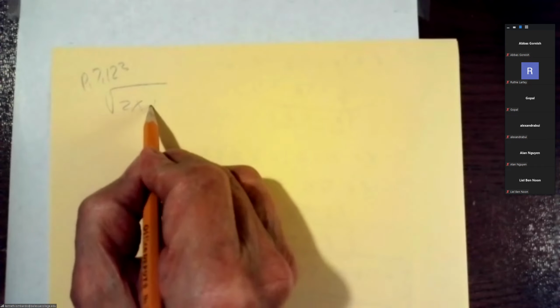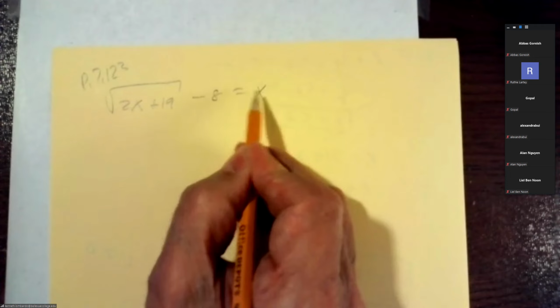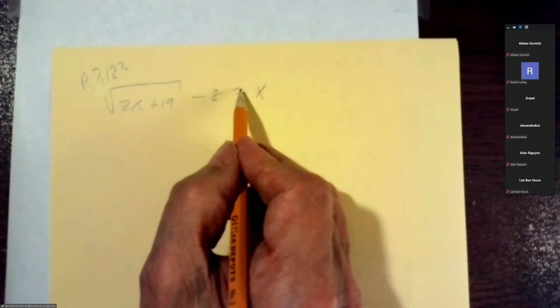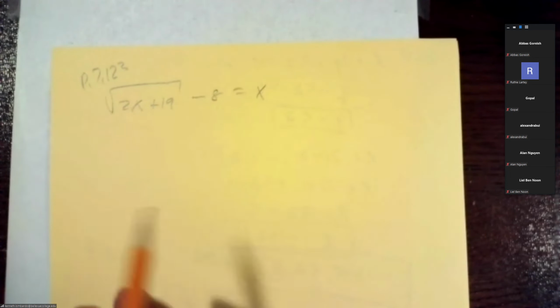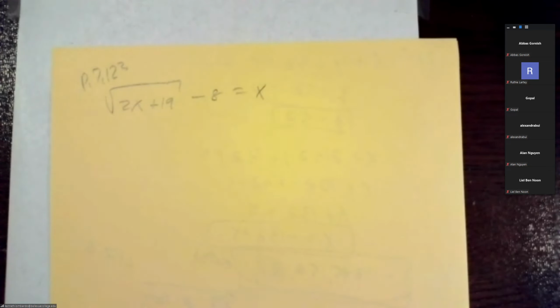The square root of 2x plus 19, minus 8, equals x. All right, what method could we use to solve that? Could we add 8 to the x and then square both sides? We could.